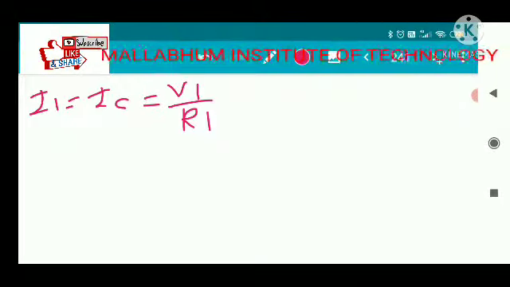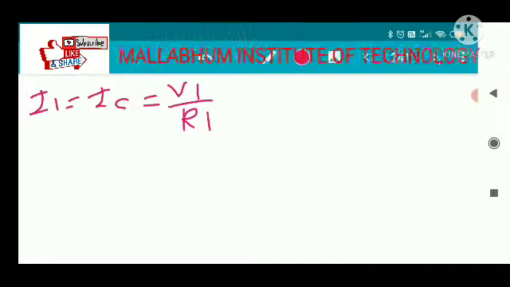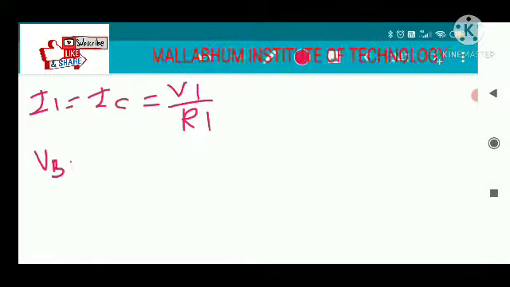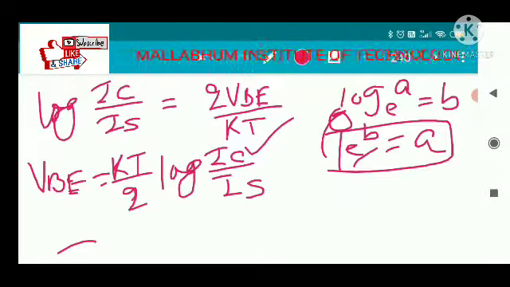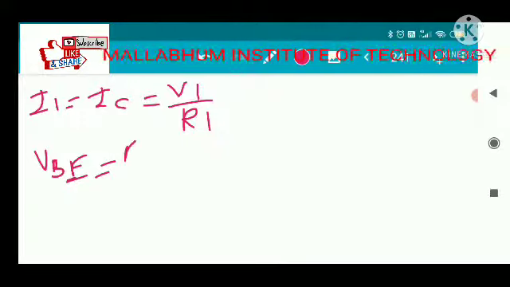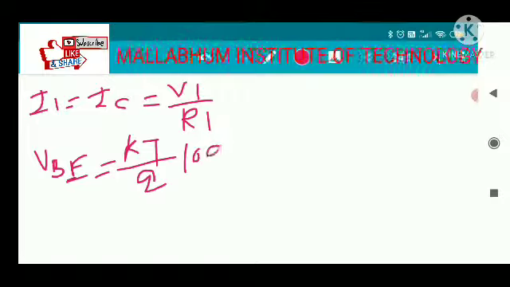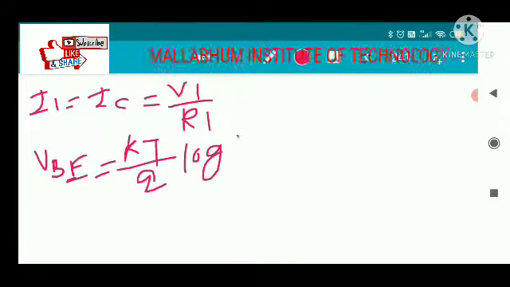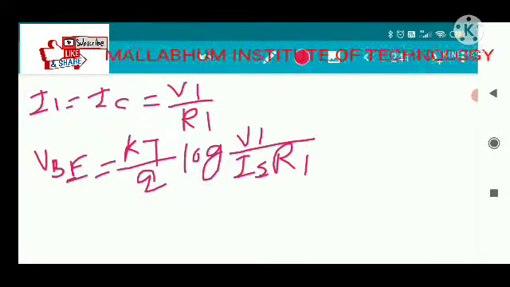So in VB, we are just replacing this IC with V1 divided by R1. So VB equals KT divided by Q log V1 divided by IS into R1.